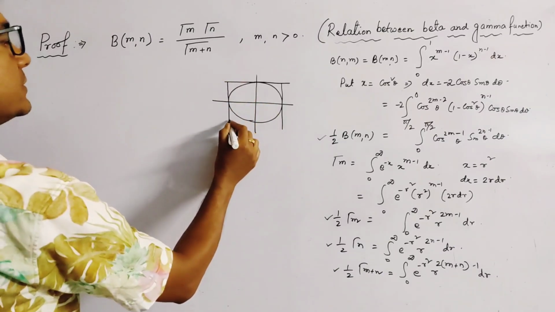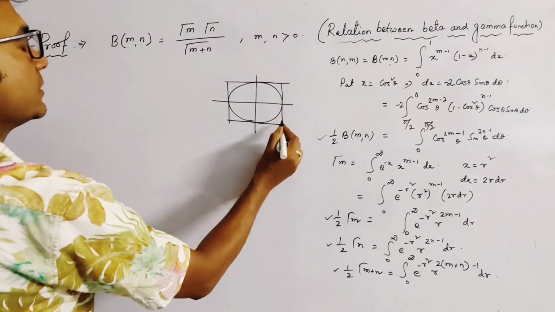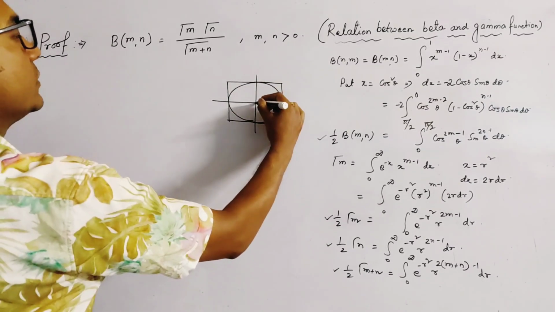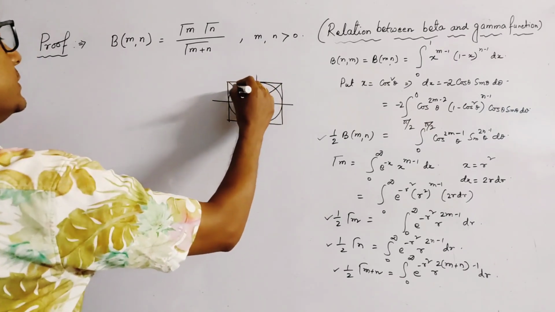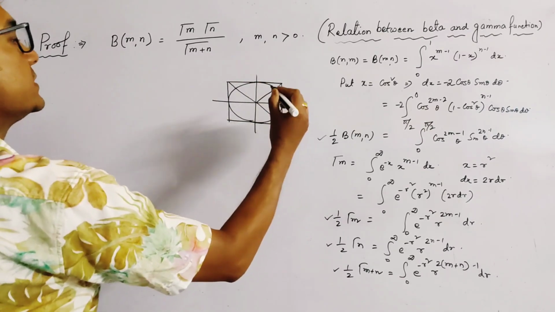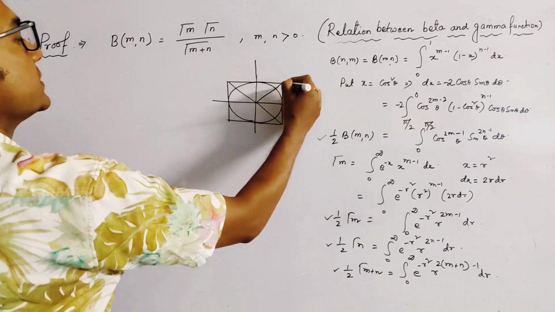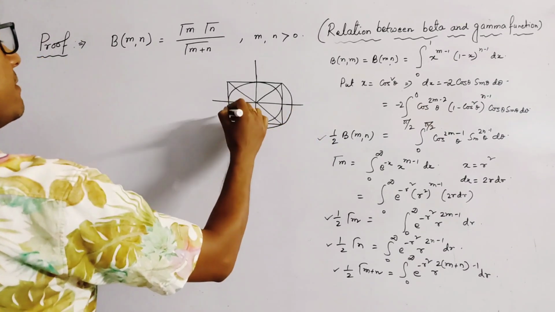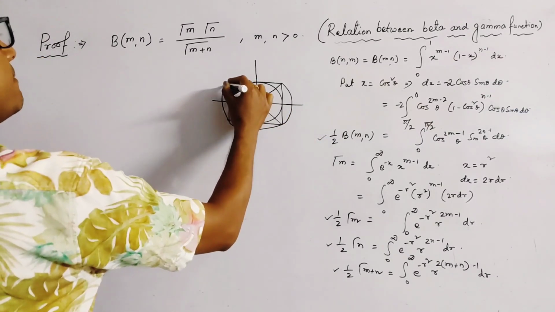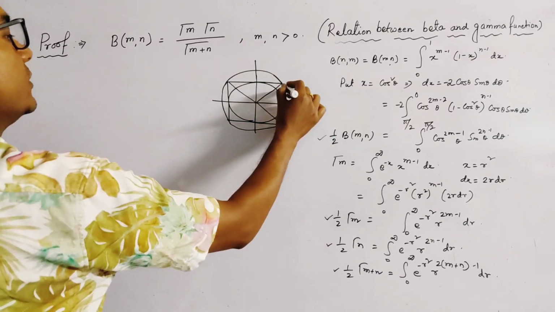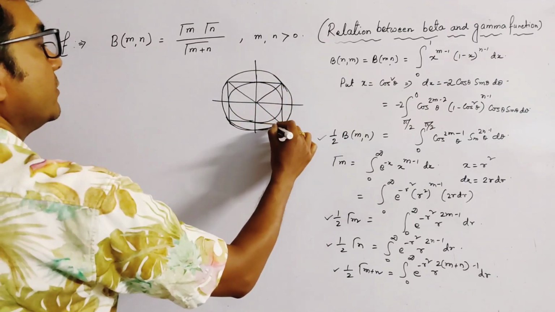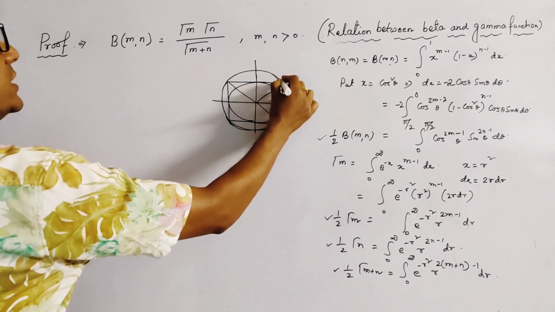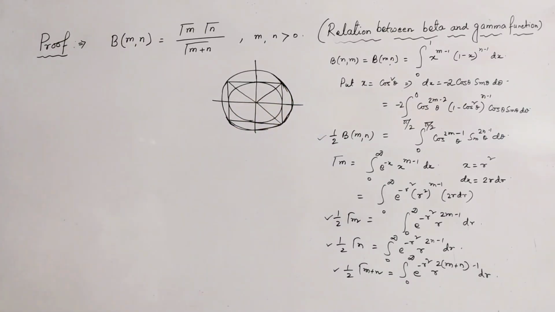Also we consider another circle of radius like this. This does not look like a circle, but we assume here that this is a circle.